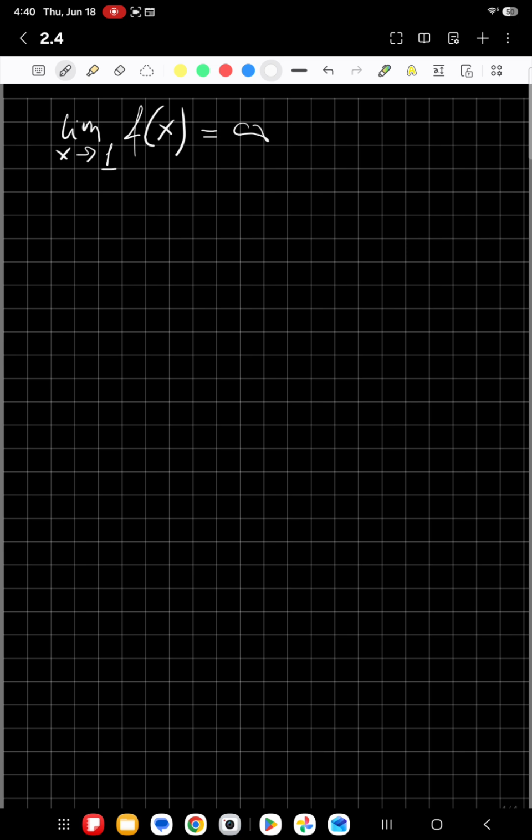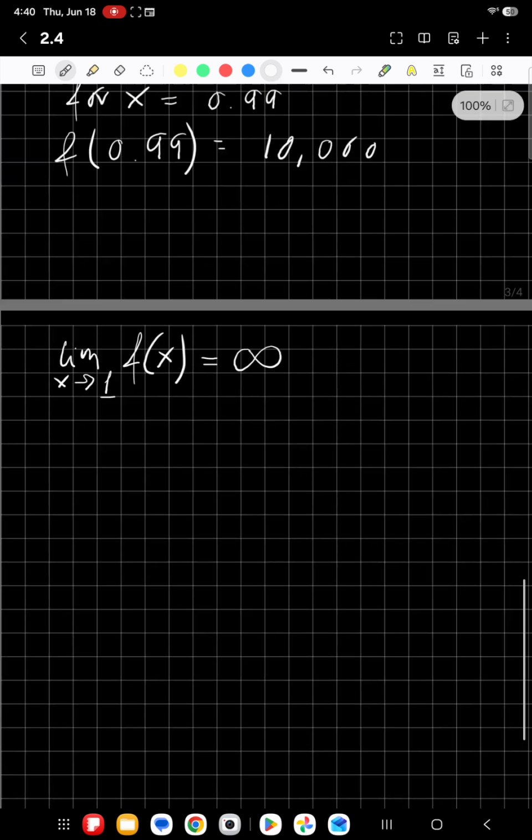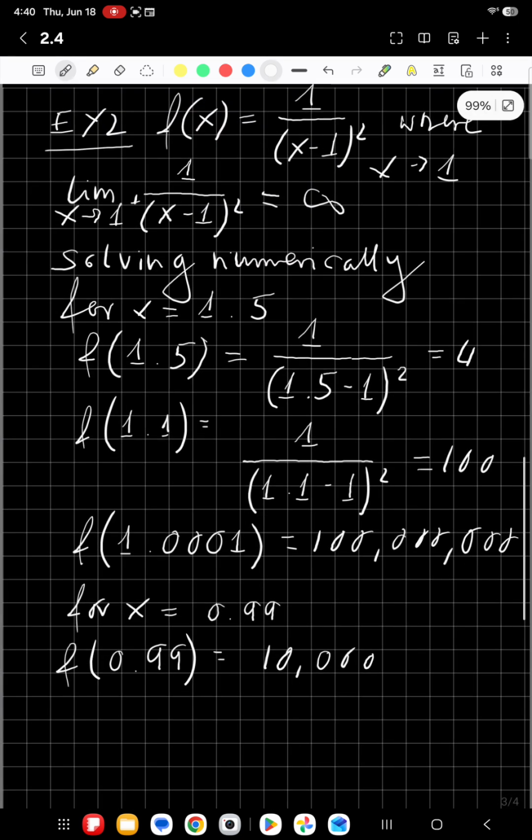So it's the same value whether I go towards 1 from the left or from the right. I get positive infinity because I have the square here. Whether I get a negative number or a positive number there, it's going to be positive because I'm squaring it.